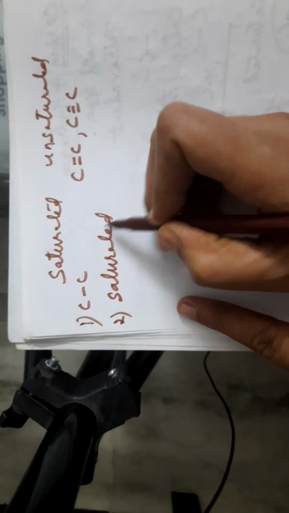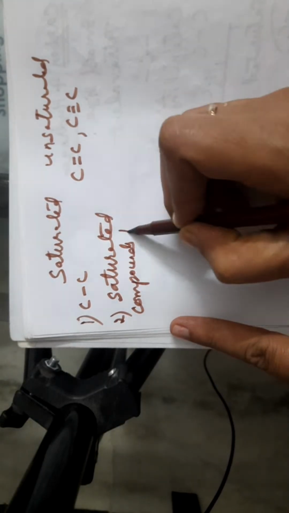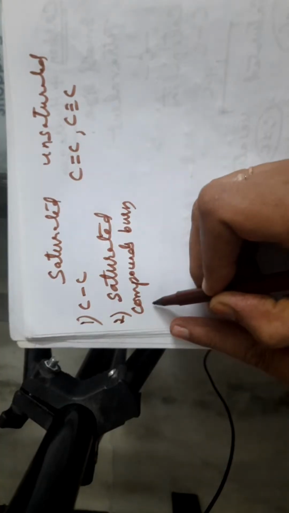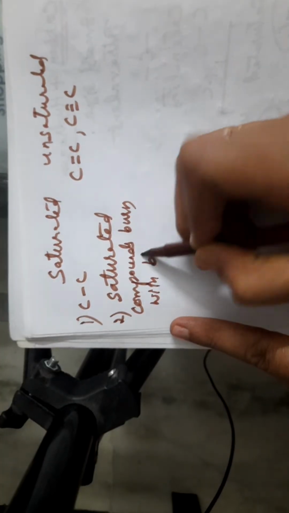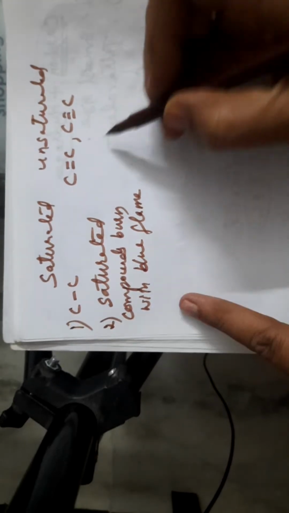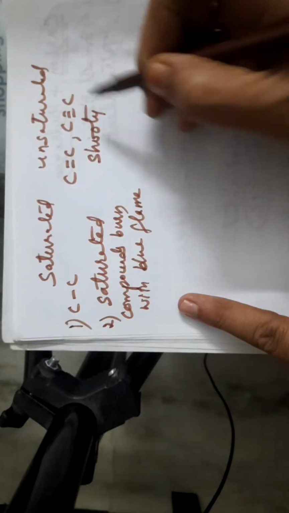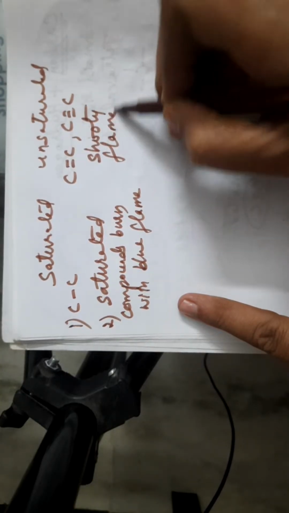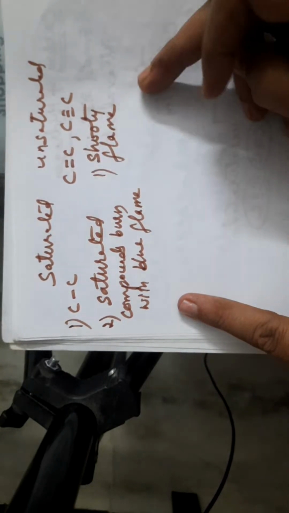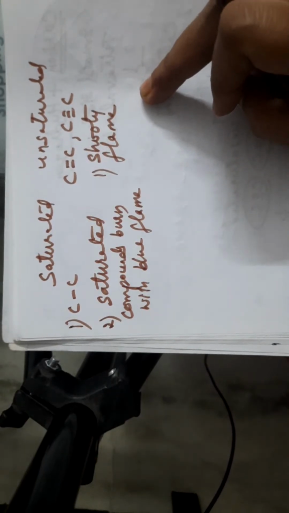Saturated compounds burn with blue flame, whereas unsaturated compounds burn with sooty flame. There is black deposition on the utensils if they are unsaturated.